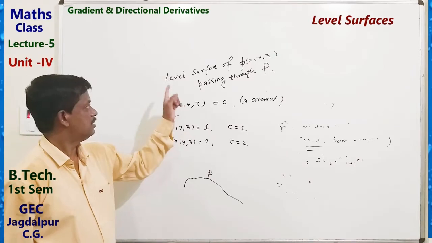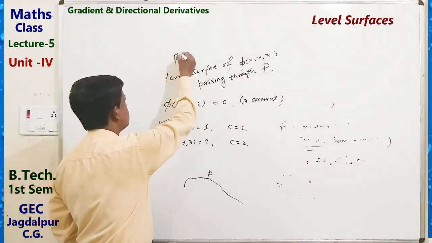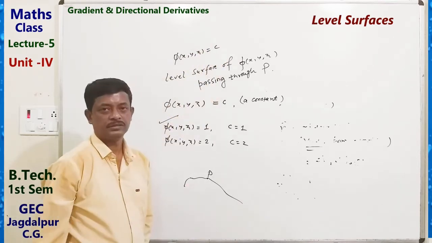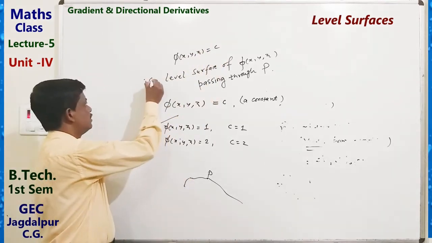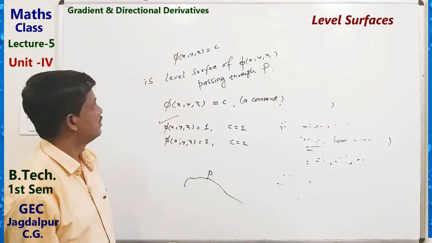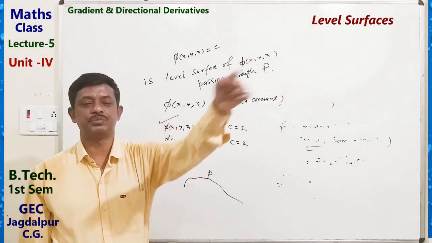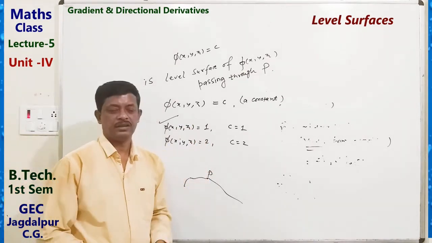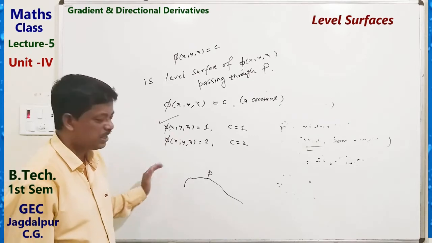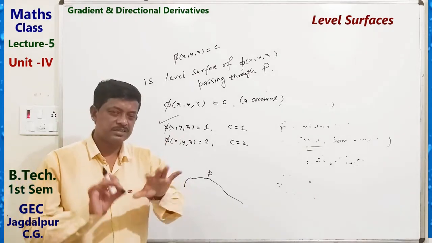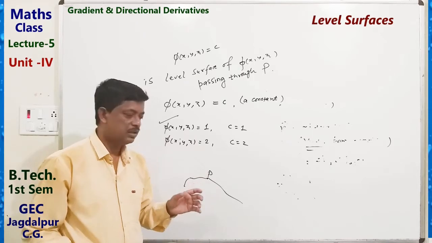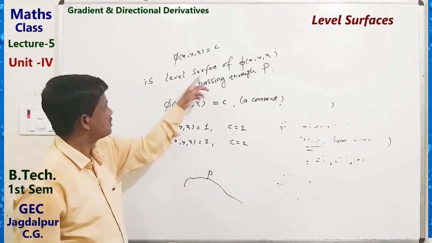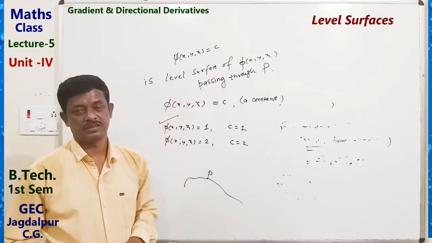Phi x, y, z equals constant is the level surface of phi passing through P. Through a point P, if we draw a surface in such a way that on that surface the value of the function remains the same, then that surface is called a level surface.